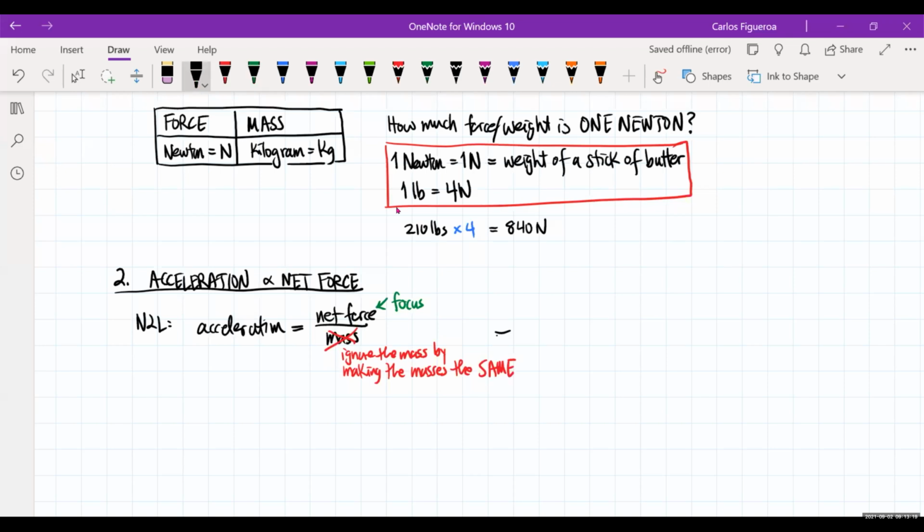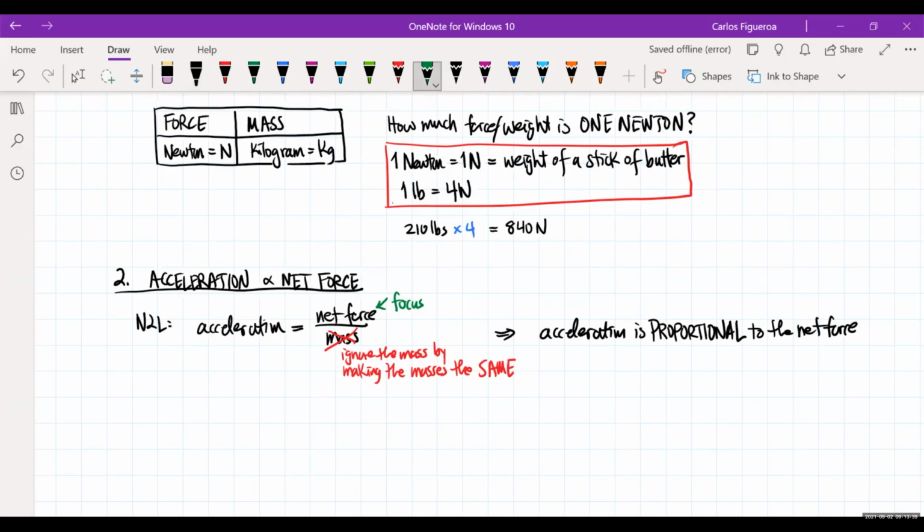So this really says that the acceleration is proportional to the net force.